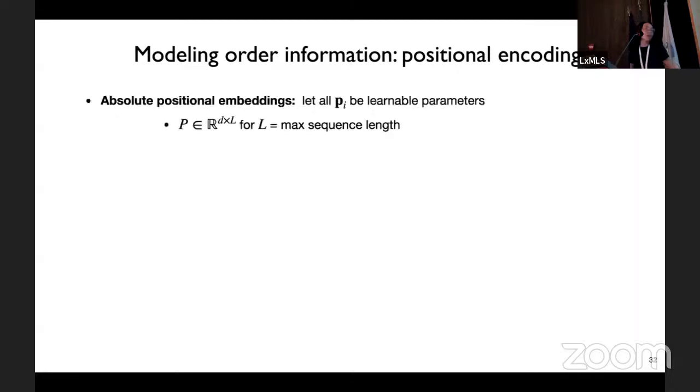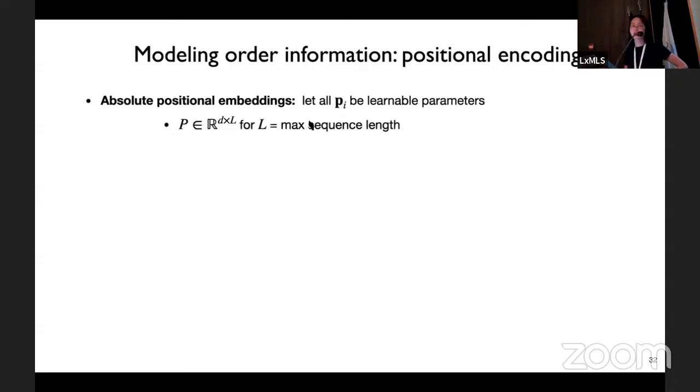Another very popular choice is called absolute positional embeddings. The idea is that instead of using hard-coded positional embeddings, you treat all the positional embeddings p_i, from the first position to the max sequence length, let's say 512 or 2048, as learnable parameters. So you learn this P matrix from the data.